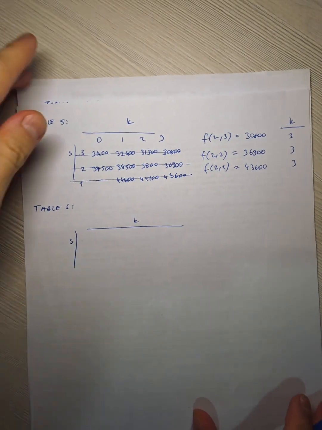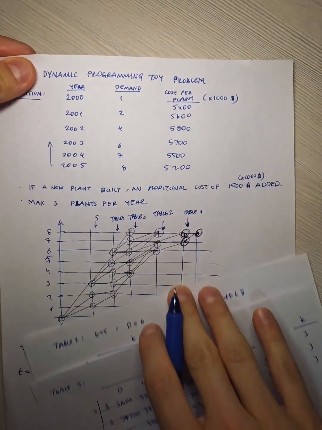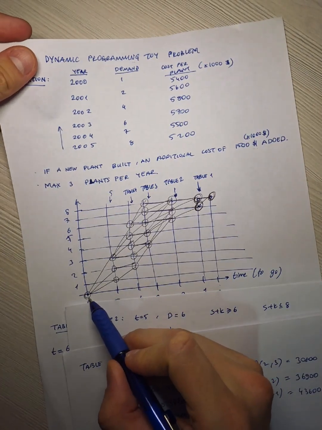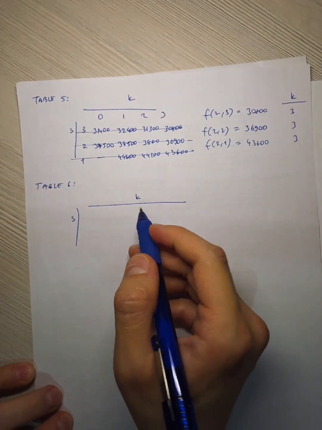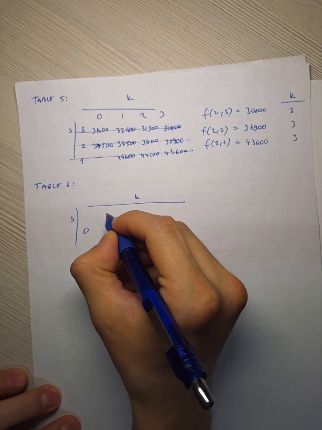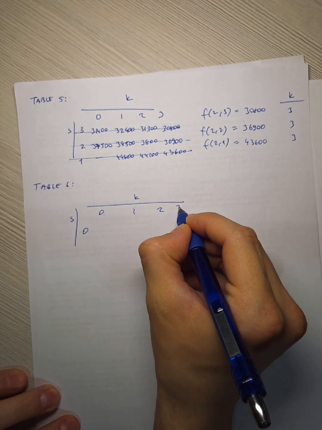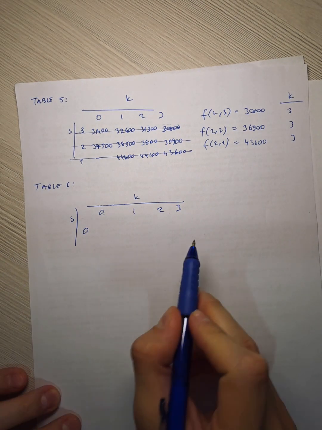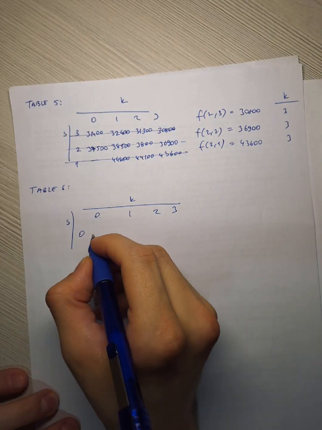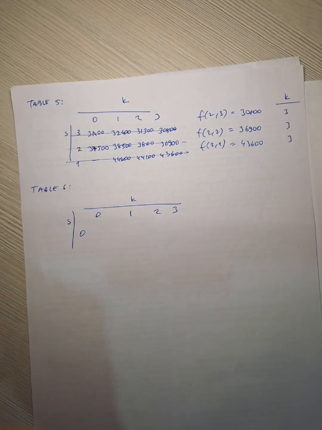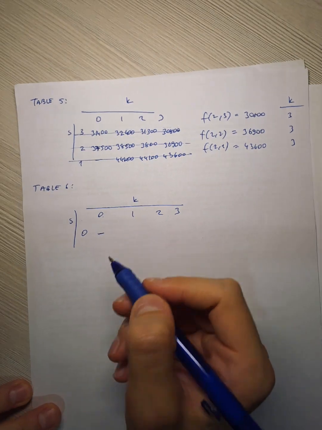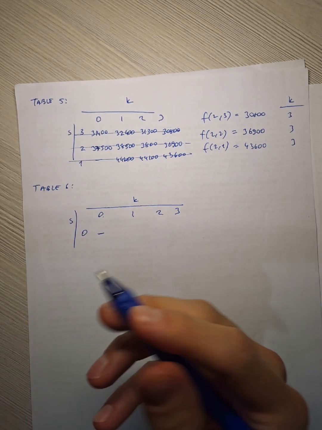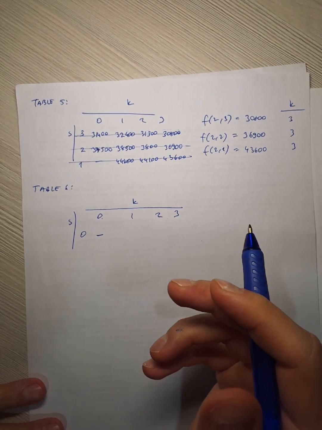Okay, we look at the network. There is only one, which will be the final case for us. So we can build 0, 1, 2, 3 for the first case. Okay. Basically, if you don't build anything, there is no cost and there is no problem.